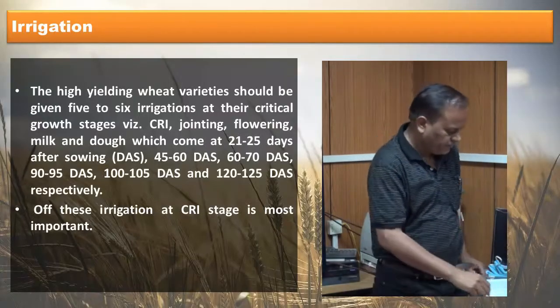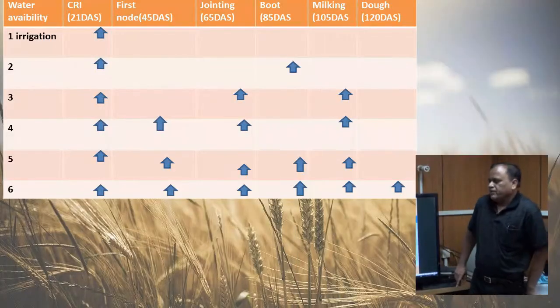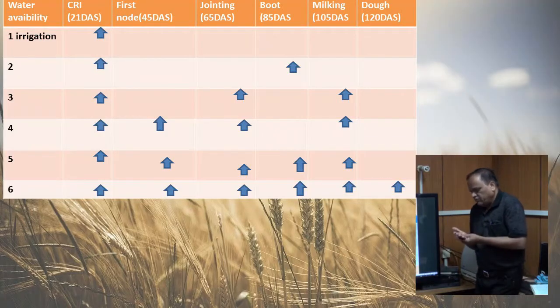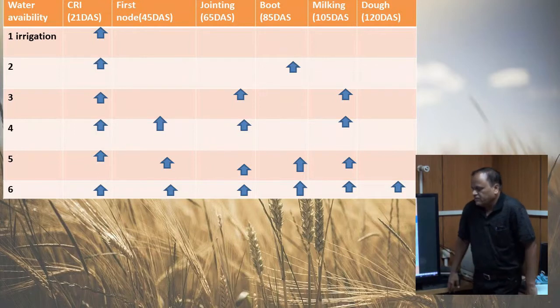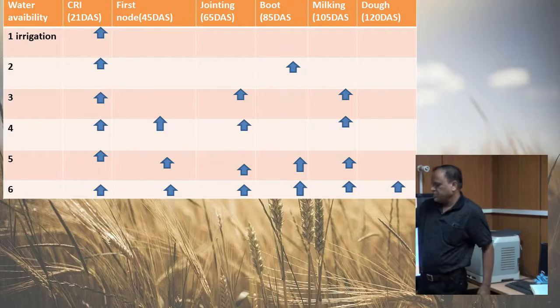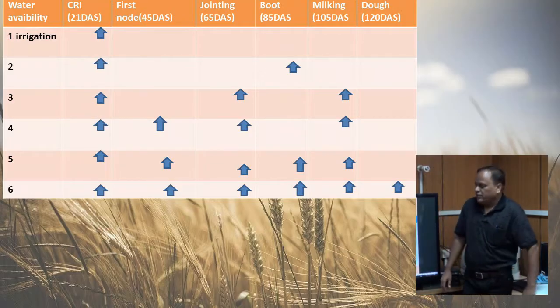Suppose we have only one irrigation and we want to grow the wheat. So what to do when we have to irrigate? The first irrigation we should give at CRI stage, and that stage actually comes at 21 days after sowing.